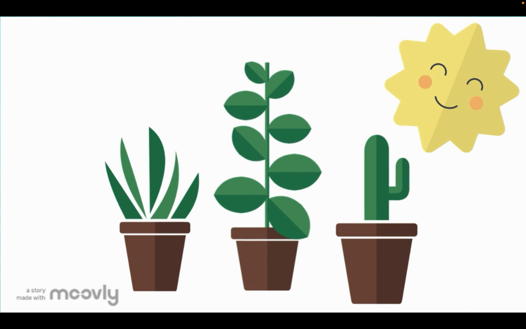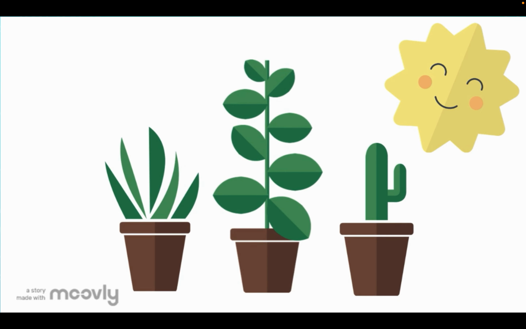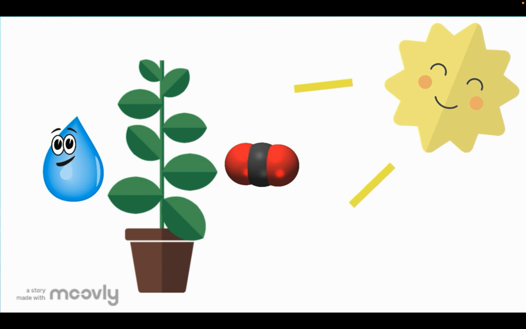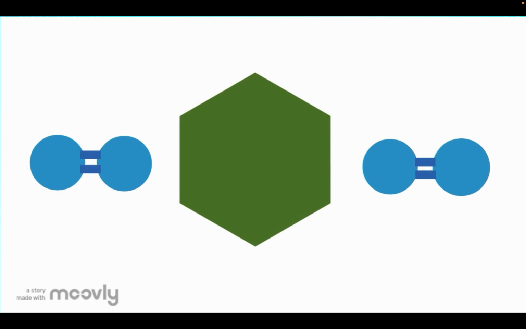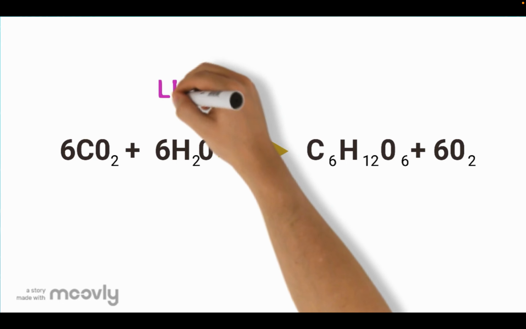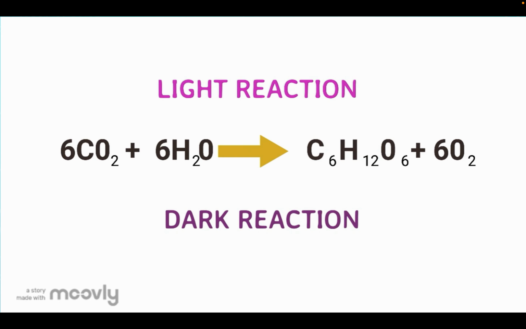One practical application of this is the photosynthesis process happening in plants. Photosynthesis happens when carbon dioxide and water, together with the light energy, interacts to form carbohydrate or the glucose plus oxygen. It turns out that in this chemical equation, there are two reactions of photosynthesis taking place, the light reaction and a dark reaction.